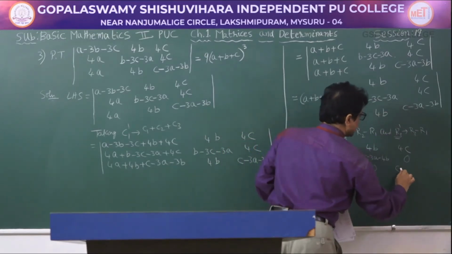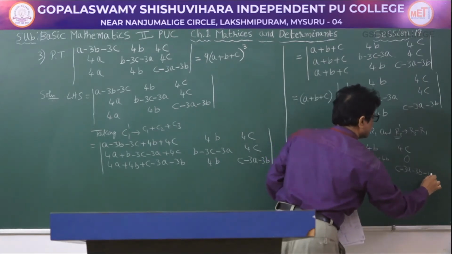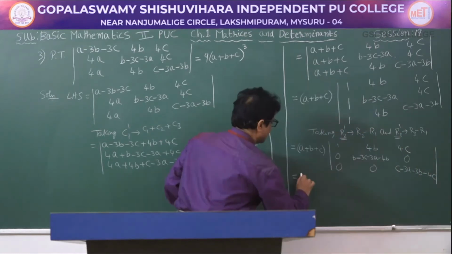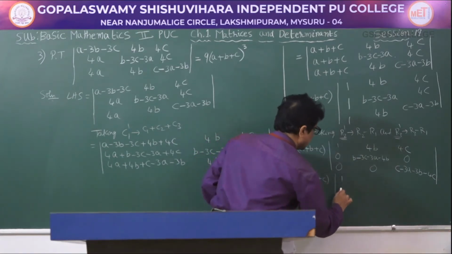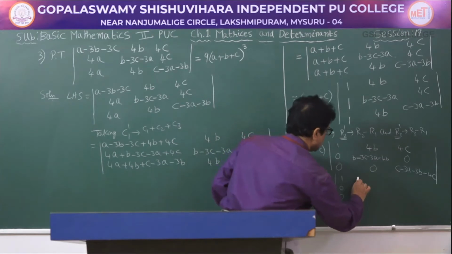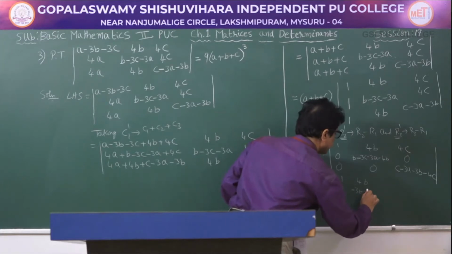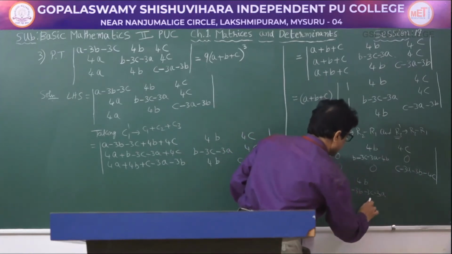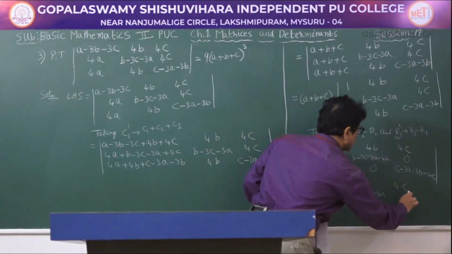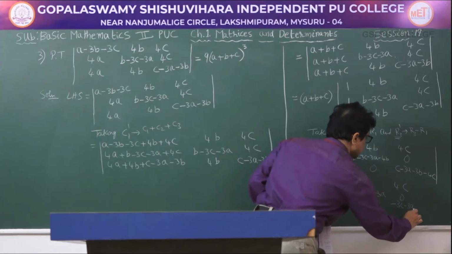So, c minus 3a minus 3b minus 4c. Equal to a plus b plus c into determinant of 1, 0, 0, 4b. So, b minus 4b is minus 3b. So, minus 3b minus 3c minus 3a, 0, 4c, 0. c minus 4c is minus 3c minus 3a minus 3b.